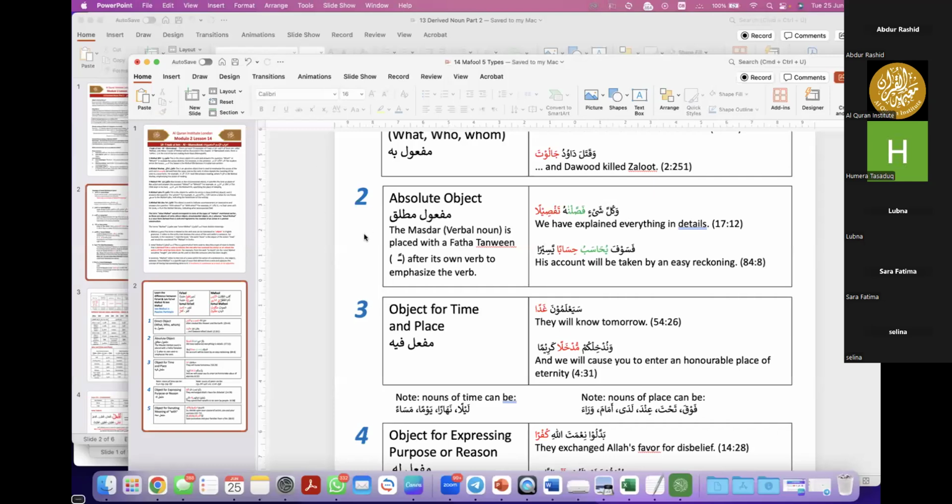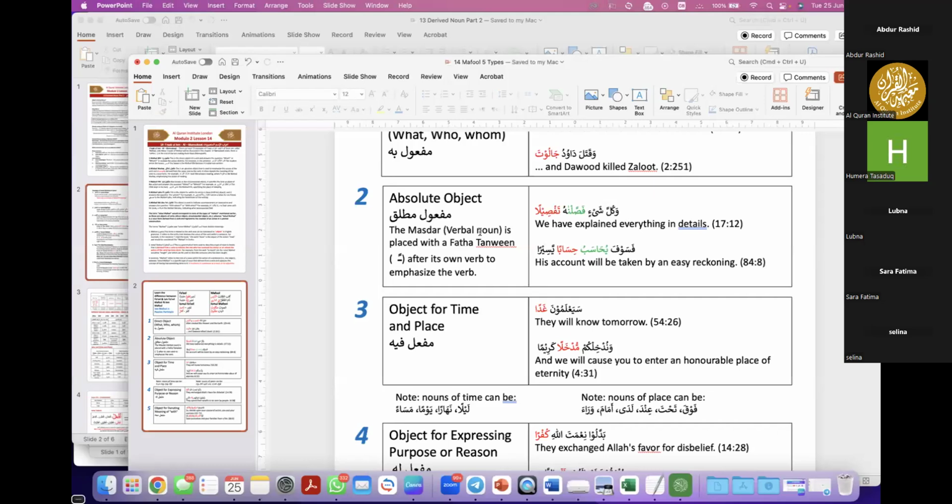Yes. Sorry, I should have done some more reading. I just didn't have time. I just want to double check this thing. So we have 5 maf'uls. You've given us a description, that's straightforward.